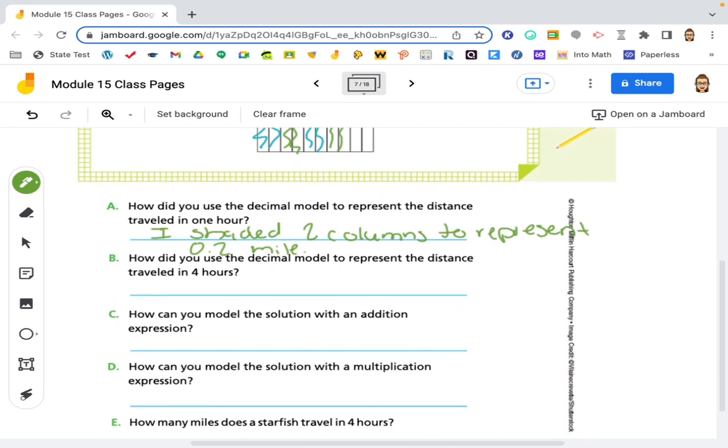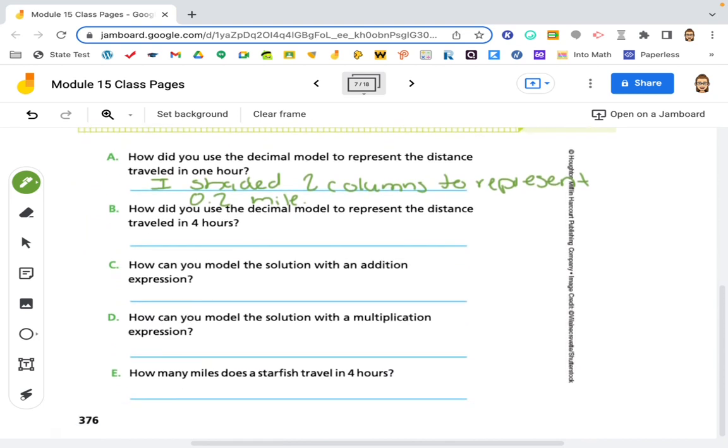How did you use a decimal model to represent the distance traveled in 4 hours? I shaded 2 columns 4 times.